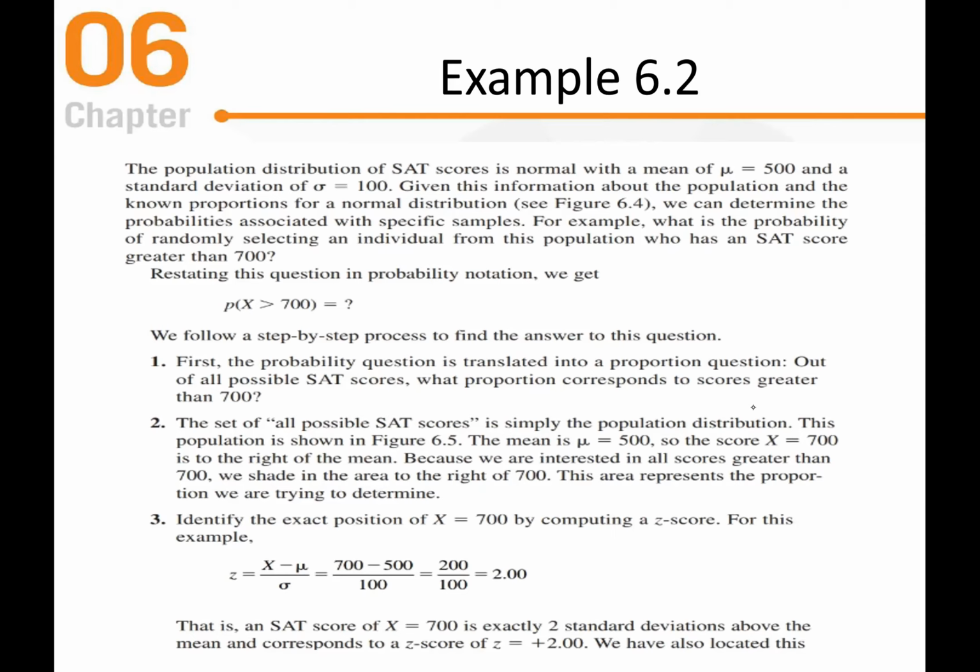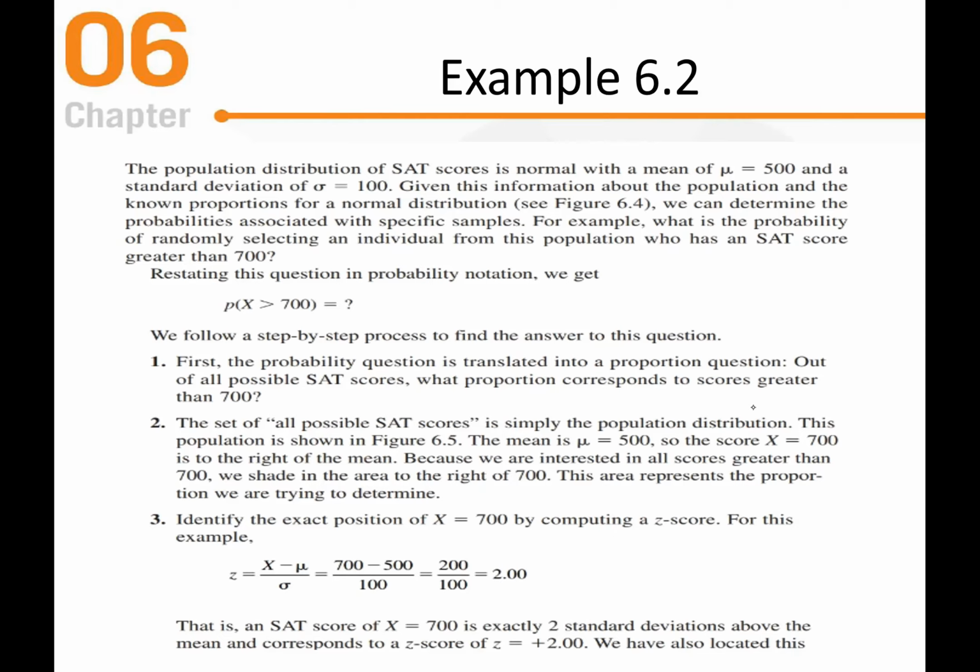So let's do some questions for this. Let's say the population distribution of SAT scores is normal with a mean of 500 and a standard deviation of 100. Given this information about the population and the known proportions for a normal distribution, we can determine the probabilities associated with specific samples.